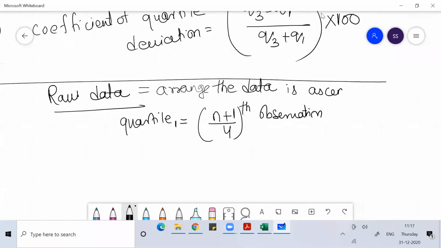You'll arrange the data in ascending order, and then you'll find quartile 1. Quartile 1 means the (n plus 1) by 4th observation.